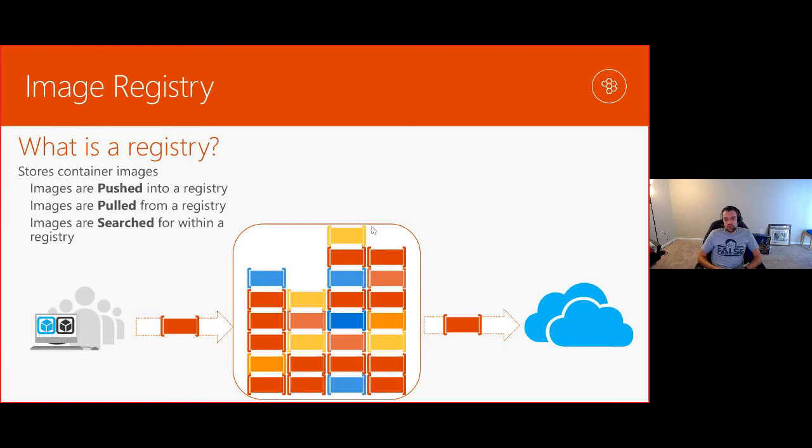And then the people or the processes actually running your container in production will pull the image from the registry and then start running them wherever they want to run them. So that's a brief introduction into Docker containers.